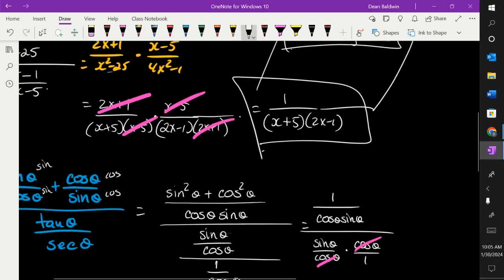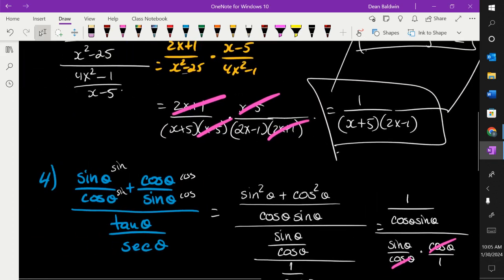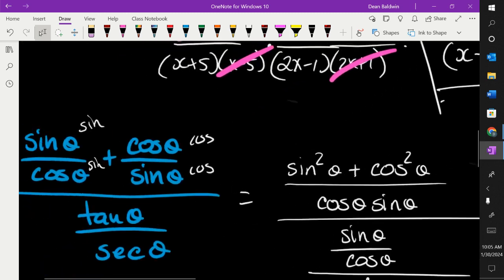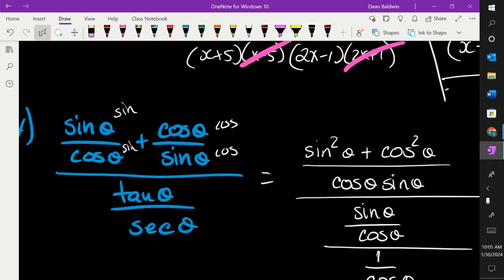All right, are we ready? Here we go. What's the first step? So change the tan and the secant to sine and cos and make a common denominator up the top. That's what I would do. So there's that.